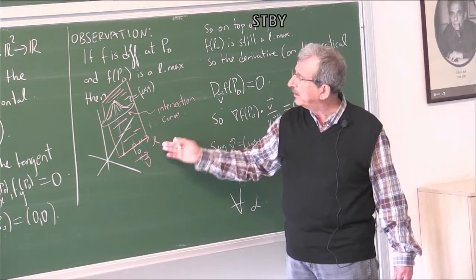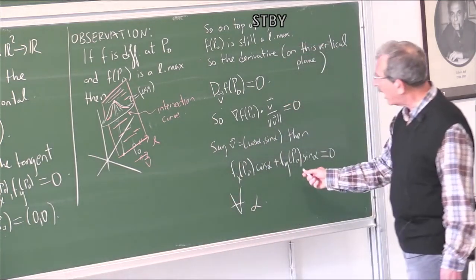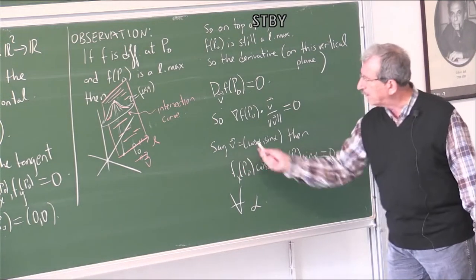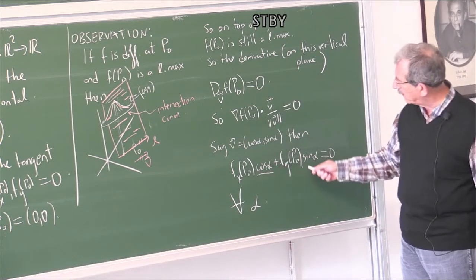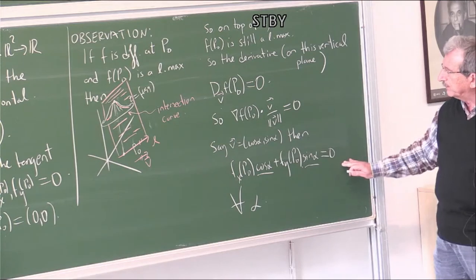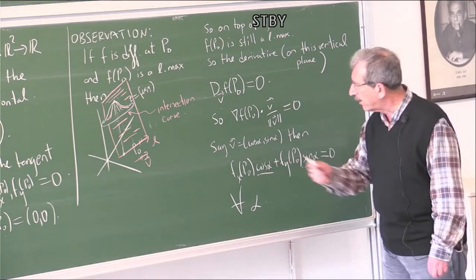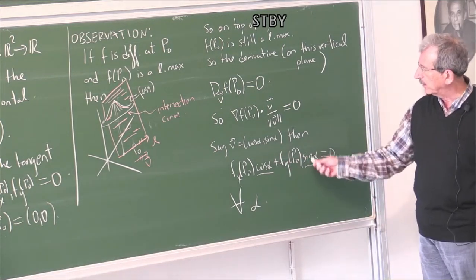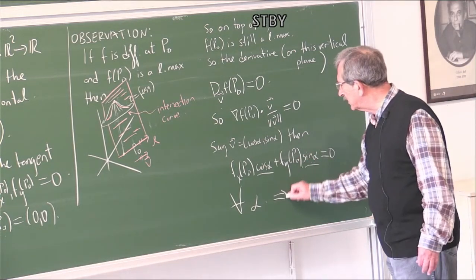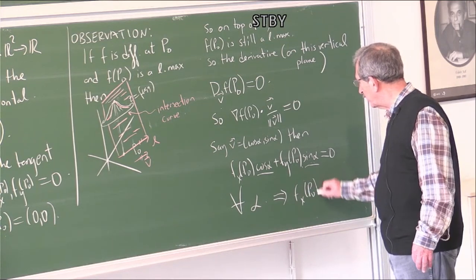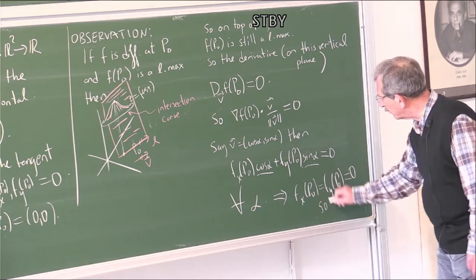It can be any line through p0. That means v can be any vector. So for any alpha, this will be 0. However, the coefficients are fixed. Now, if for every cosine alpha and sine alpha this is 0, it means that both coefficients must be 0, because you can simply take alpha, say, pi over 2. So this is 1, this part is 0, so this must be 0, etc. This implies f sub x at p0 and f sub y at p0 must be 0. So p0 is critical.